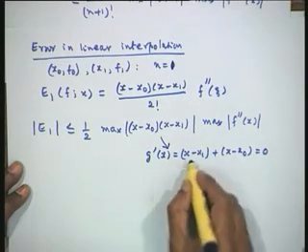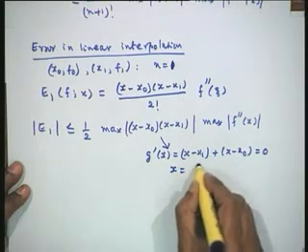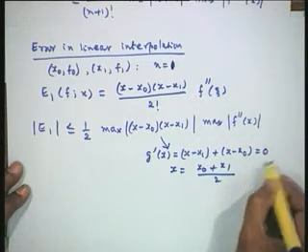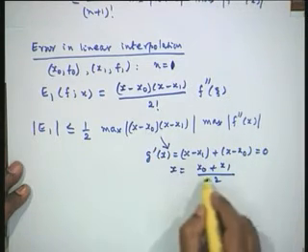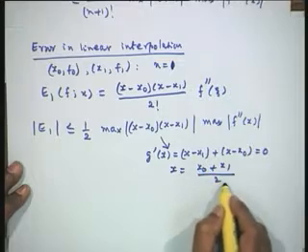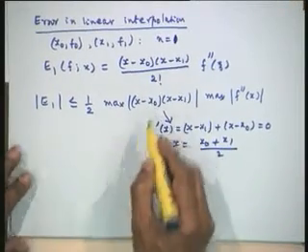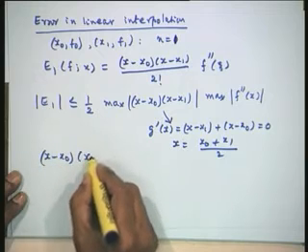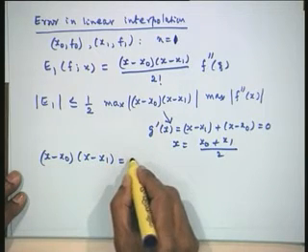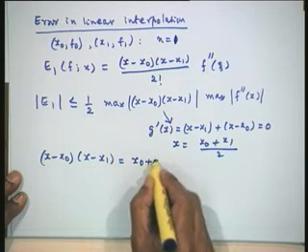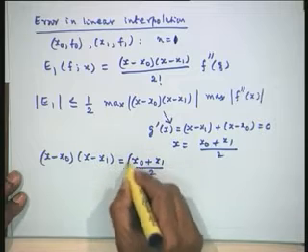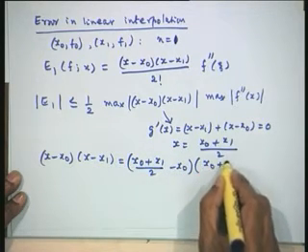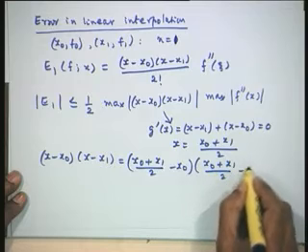Therefore, this gives 2x is equal to x naught plus x 1, or x is equal to x naught plus x 1 divided by 2. Therefore, this is maximum at the middle point x naught plus x 1 by 2, and let us find out what is the value. X minus x naught into x minus x 1 will be x naught plus x 1 by 2 minus x naught, plus x naught plus x 1 by 2 minus x 1.